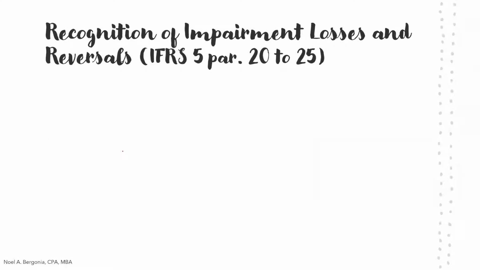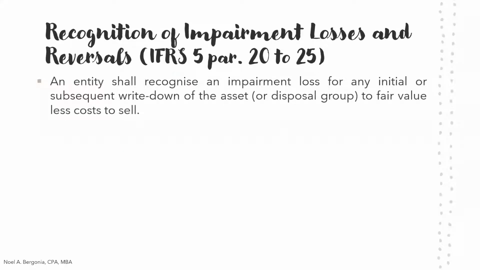Then, in case there would be an impairment loss, sir, how does an impairment loss arise? So there is an impairment loss when the entity initially, or even subsequently, writes down the asset or disposal group to fair value less cost to sell. Remember, it was recorded at carrying amount in our books.